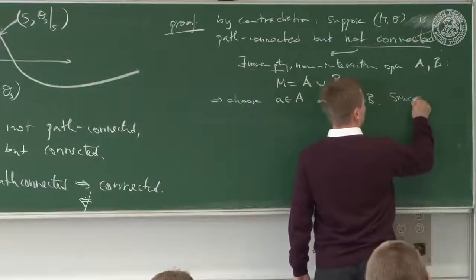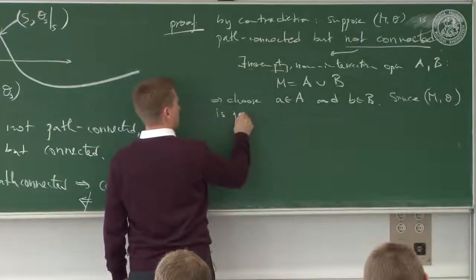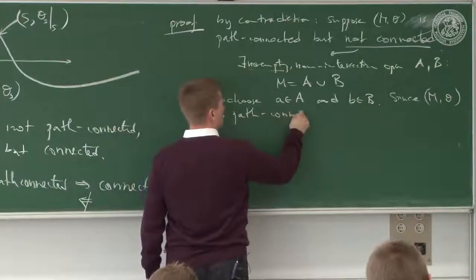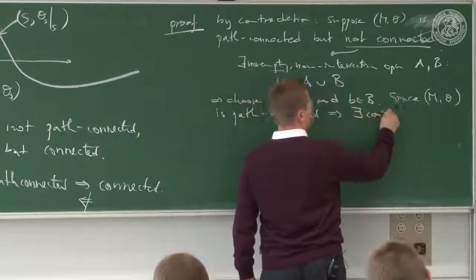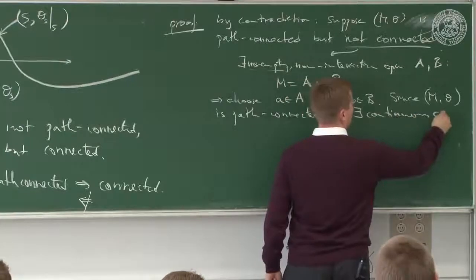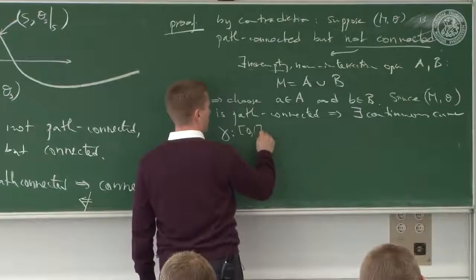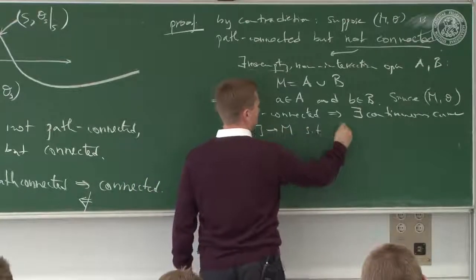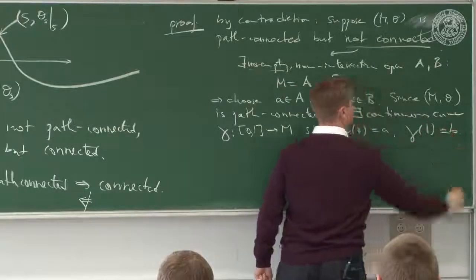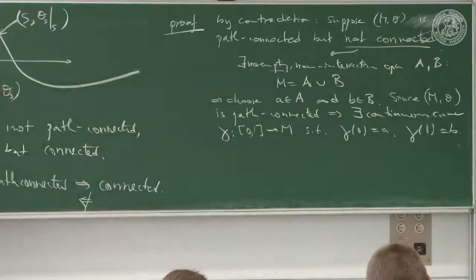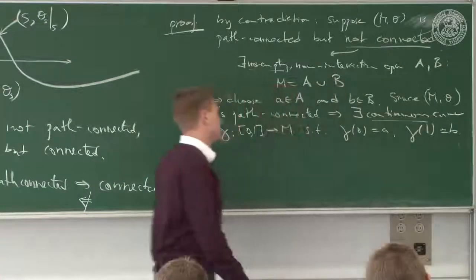Since the space M, O, by assumption, is path connected, there exists a continuous curve gamma from 0, 1 into M, such that gamma of 0 is A and gamma of 1 is B. It's a continuous curve, and that's really very important.